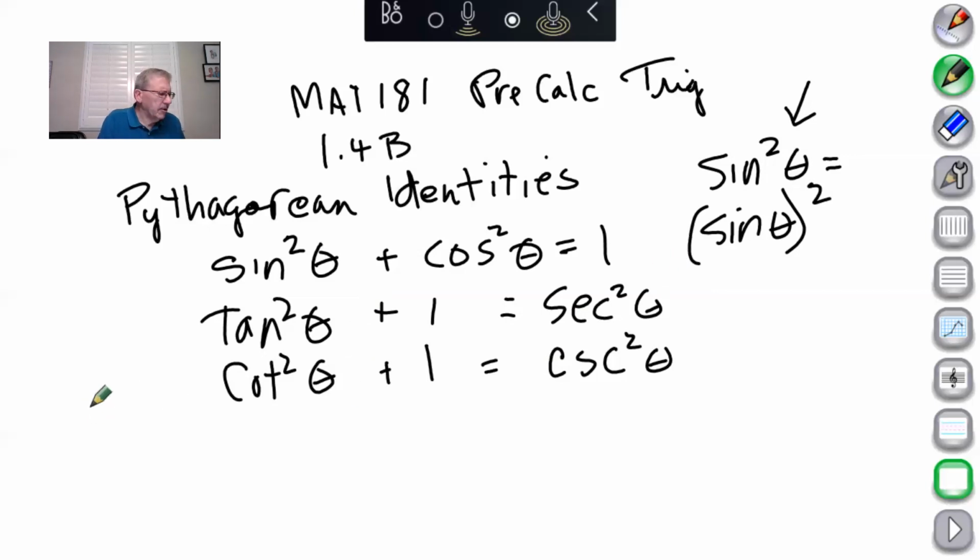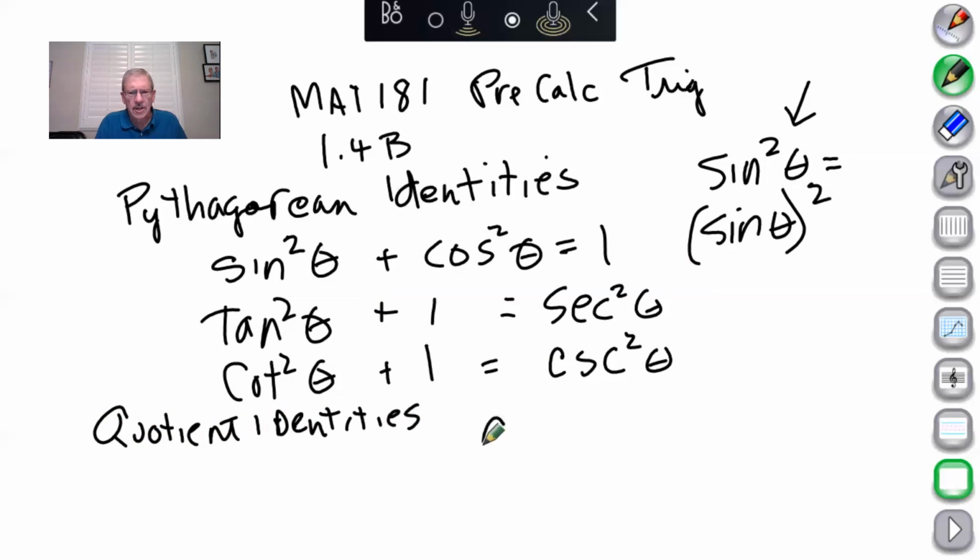Two other ones that we're going to look at, they call these the quotient identities, or the tangent identity. These two we use a lot, especially the first one, the tangent theta. Notice it doesn't have a square.